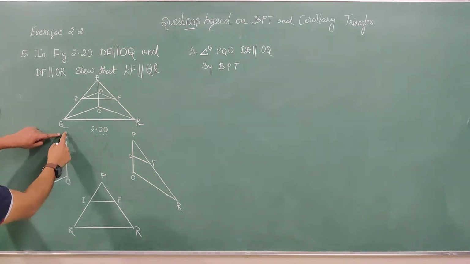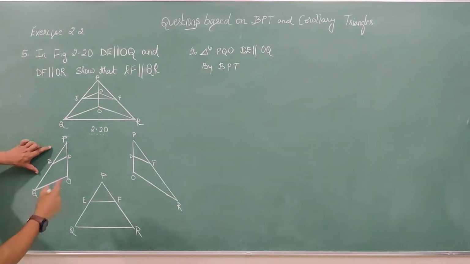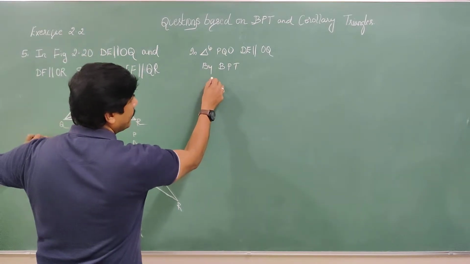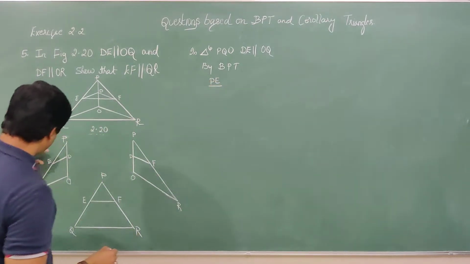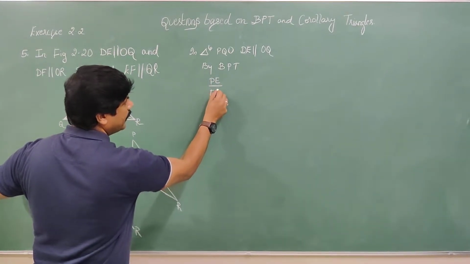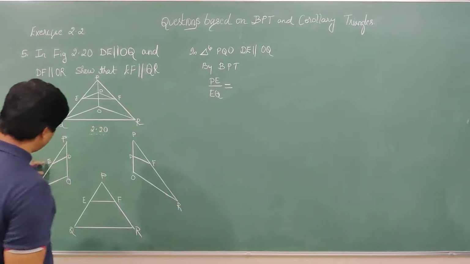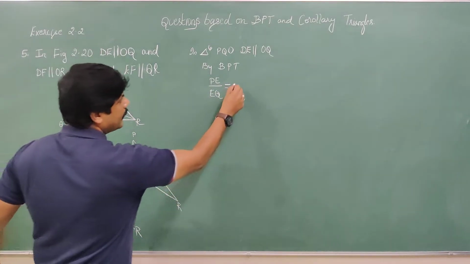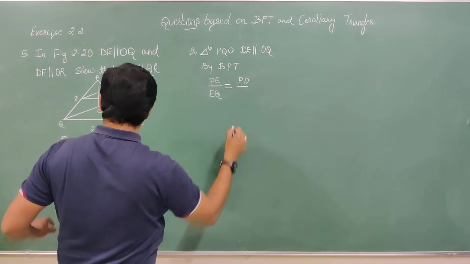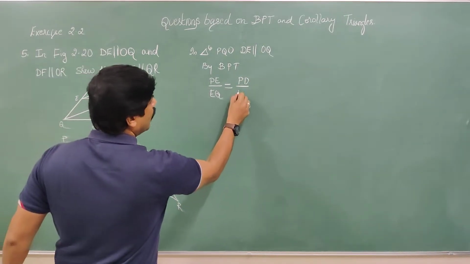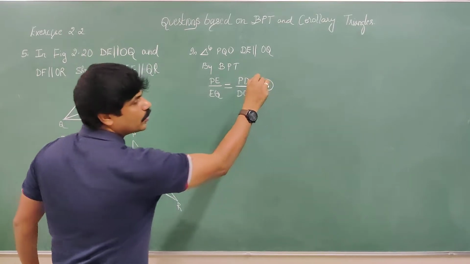Which are the other two sides? PQ and PO. Dividing in the equal ratio: PE by EQ is equal to PD by DO. Mark this as 1.